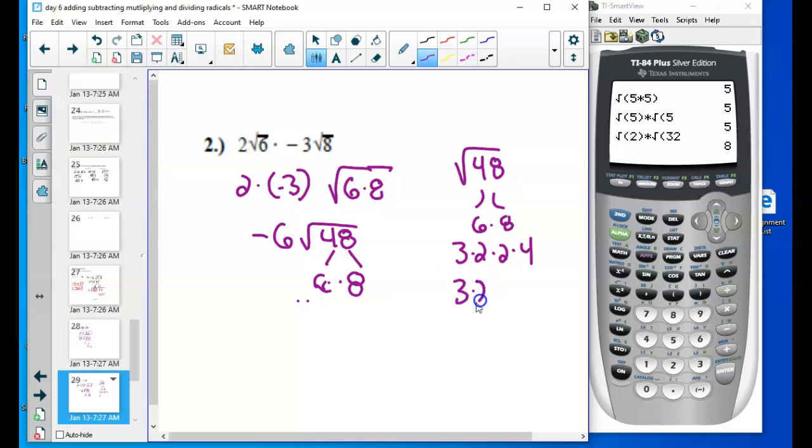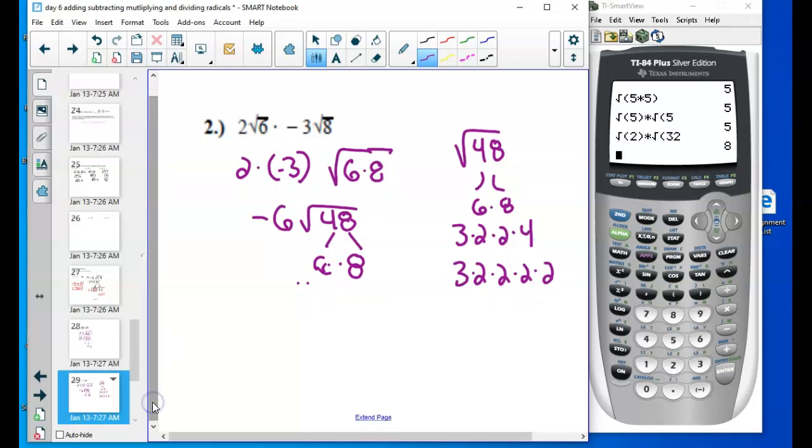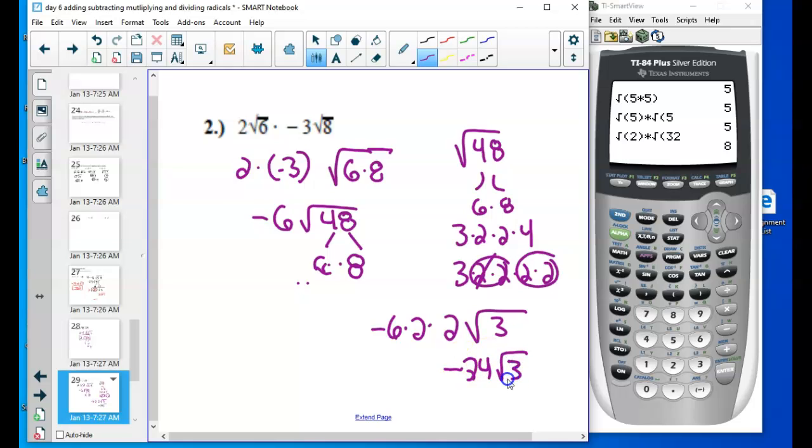So that turns out to be 3 times 2 times 2 times 2 times 2. Okay. All right. So I have 2 pairs of 2s. So in front of my radical sign, I can take 1 2, another 2, and I'm left with the 3 in front of the radical sign. But then I also have the negative 6 that's in front of the radical sign. So I have negative 24 square root of 3.